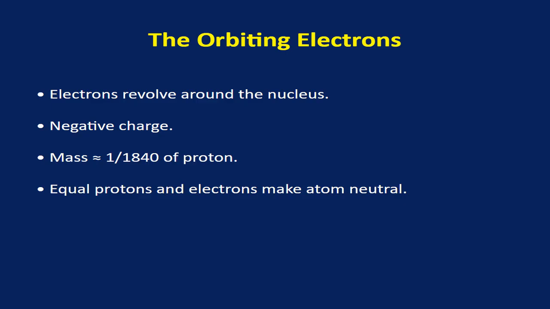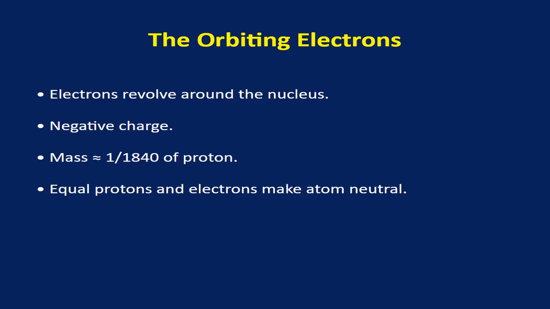The orbiting electrons. If the nucleus is the sun at the center, the electrons are like planets revolving in their orbits. Electrons are very tiny. They weigh only about 1 divided by 1848th of a proton.